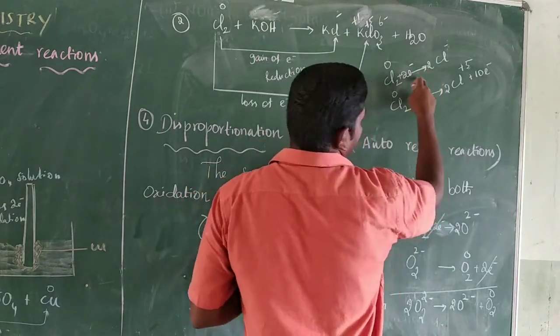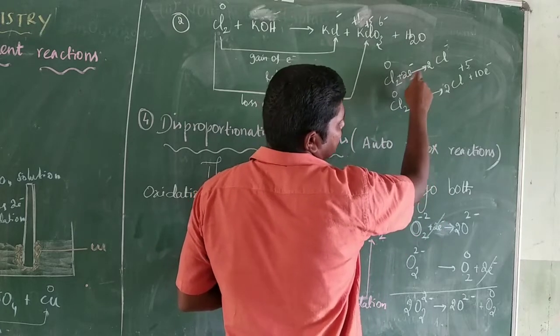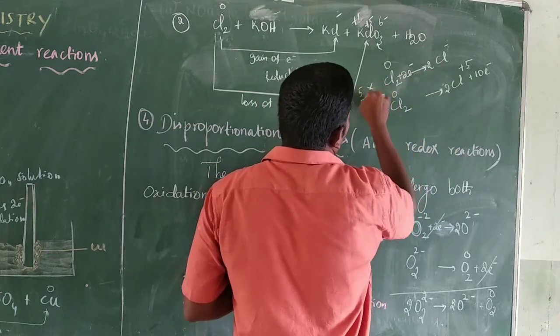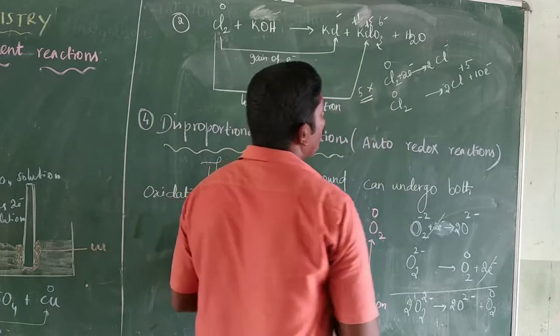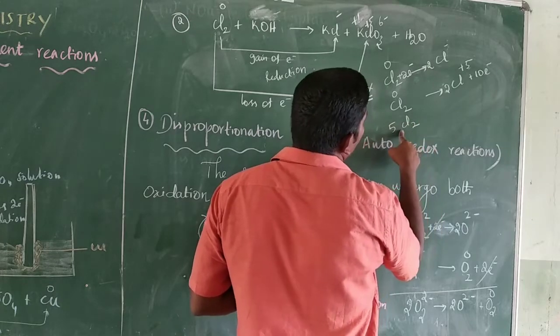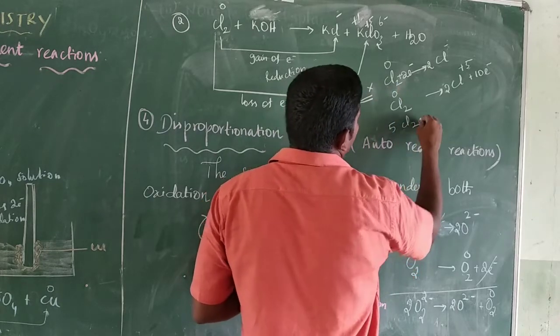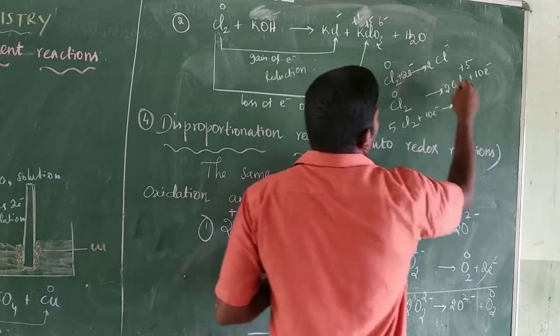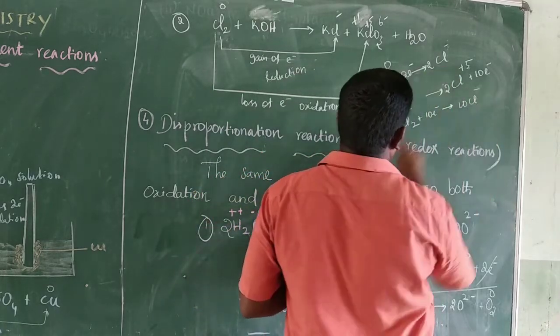So the first equation is multiplied by 5: 5Cl2 plus 10 electrons gives 10 Cl minus.